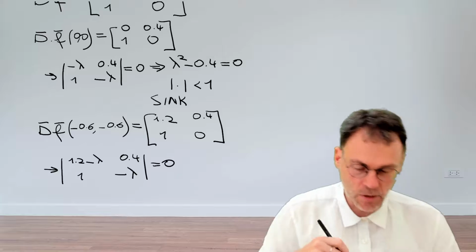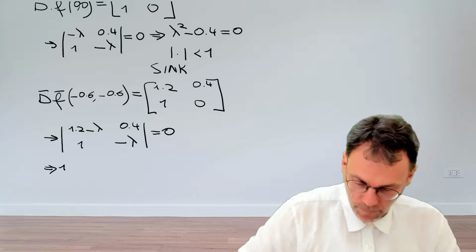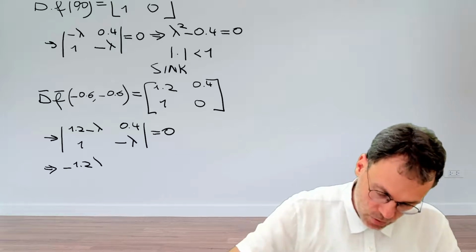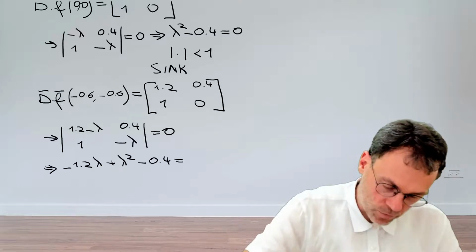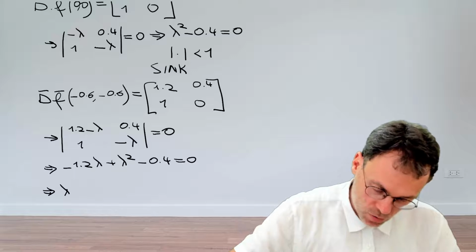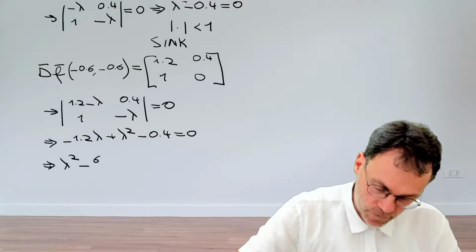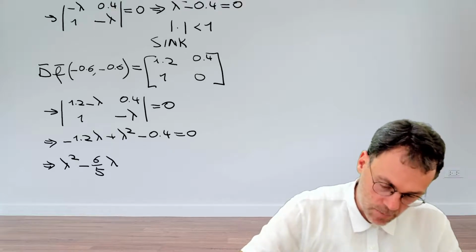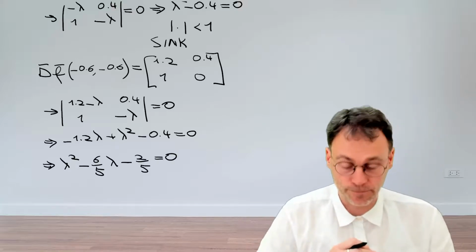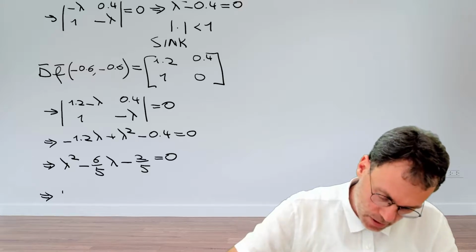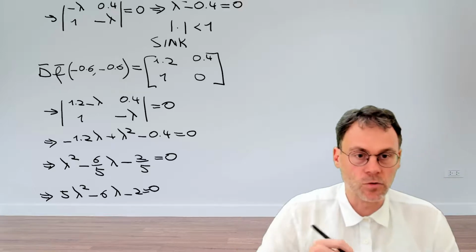This thing equal to 0, which means that we have minus 1.2 lambda plus lambda squared minus 0.4 equal to 0, or lambda squared minus 6/5 of lambda minus 2/5 equal to 0. Cleaning this thing up a little bit, 5 lambda squared minus 6 lambda minus 2 equal to 0.